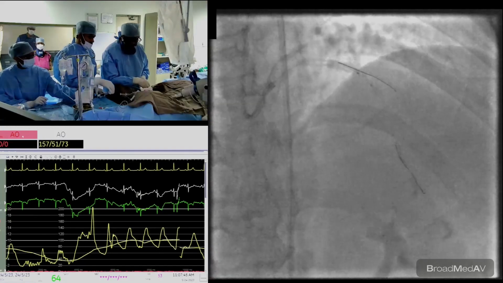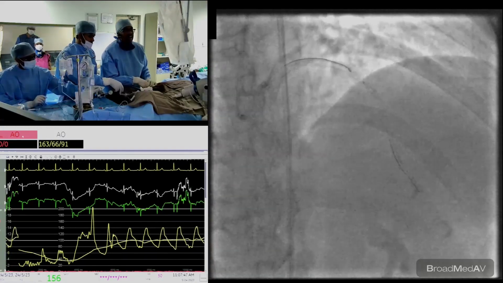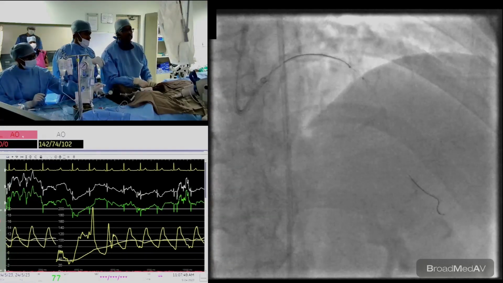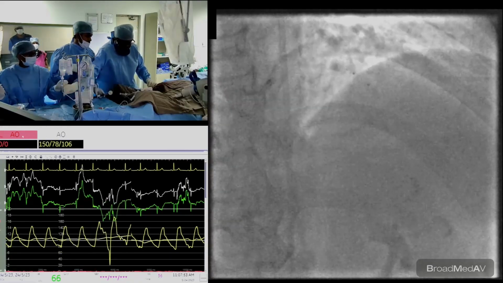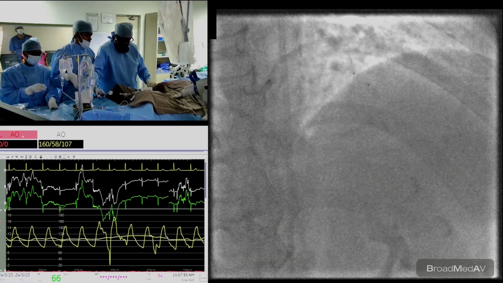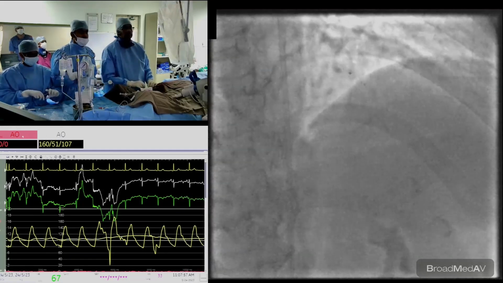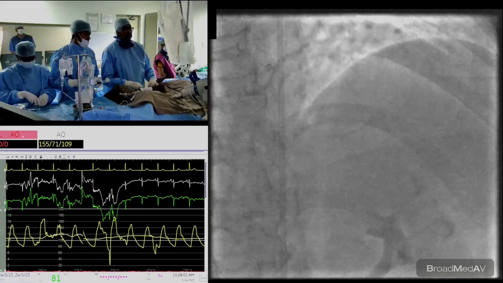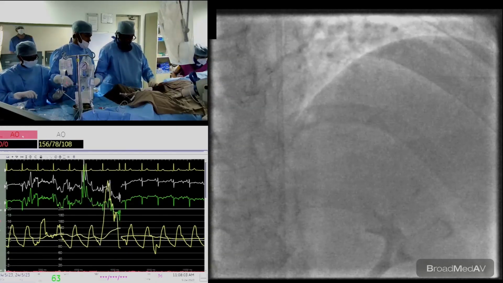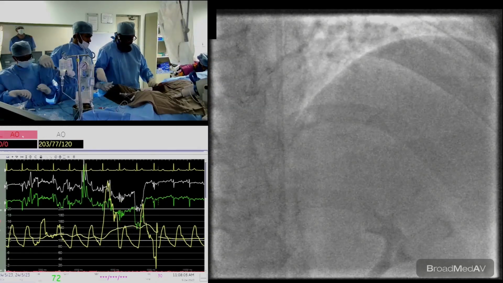And we want to finish the distal LAD post-dilatation with some nominal pressures. Let's get that out. Oh, so what happened? So we had the wires coming out.